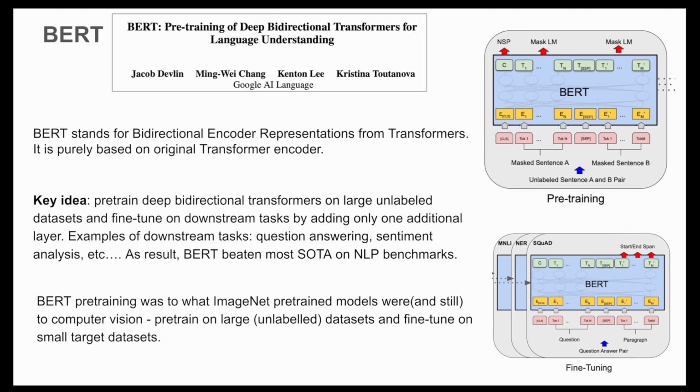So you can pre-train on ImageNet and fine-tune on CIFAR-10, for example, or CIFAR-100 or MNIST. And always, fine-tuning a pre-trained model works better than training from scratch. So in language, BERT was one of the first papers that showed that you can pre-train these large language models and then fine-tune them on downstream tasks.